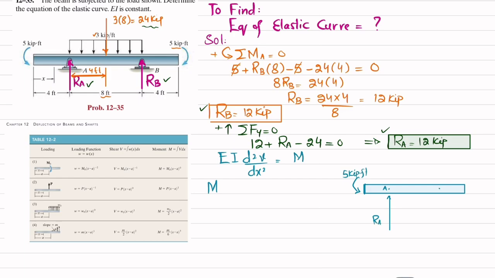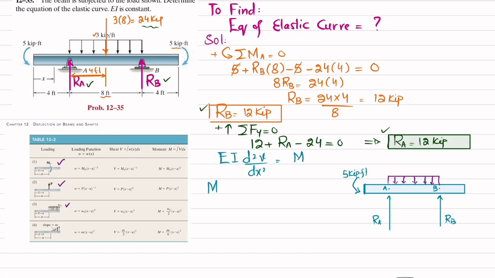Let this point be your point B, where you have RB, and a uniformly distributed load between A and B. Let this be the uniformly distributed load. Okay, so this is acting downward. So now you can see that for moment we have this function, for concentrated load we have this function, and for uniformly distributed load we have this function.